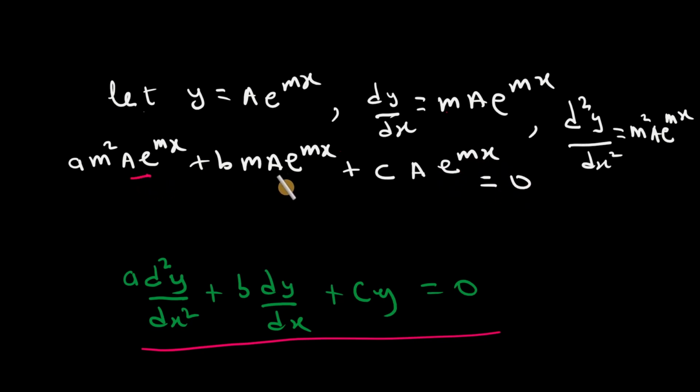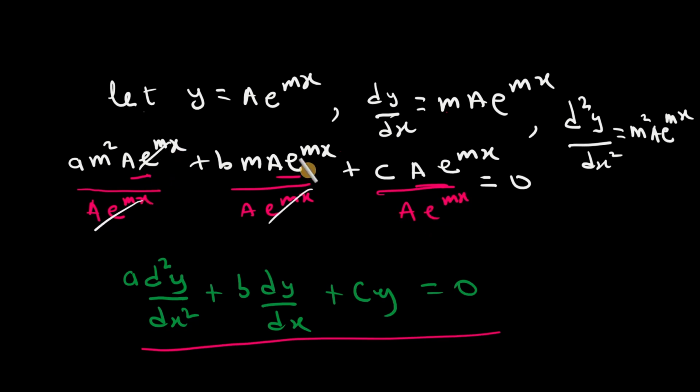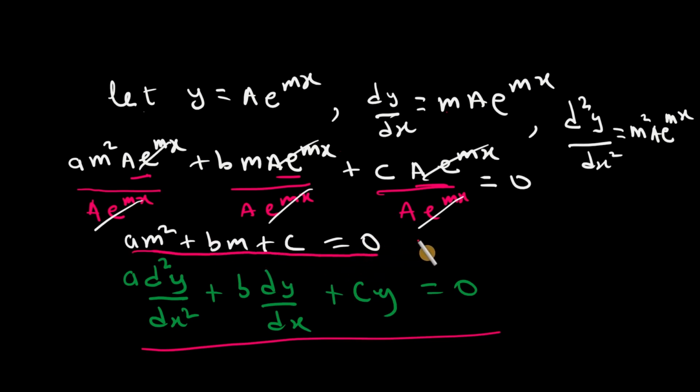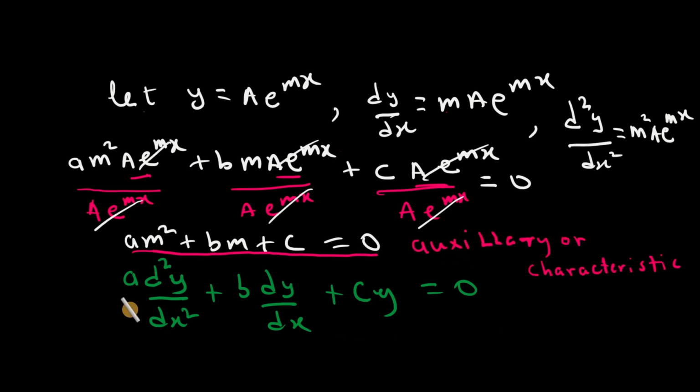This term is common, so if I divide all the terms by a e^(mx), you see this cancels, this cancels out, and I'll be left with am² + bm + c = 0. This equation is called the auxiliary or characteristic equation of this differential equation.